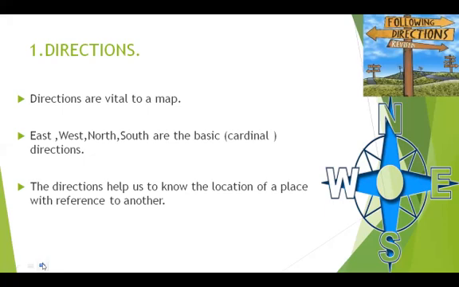Directions are measured by compass directions, and on the compass directions and all the standard maps, north direction is on the top, south is at the bottom, east is to the right side, and the west is to the left.